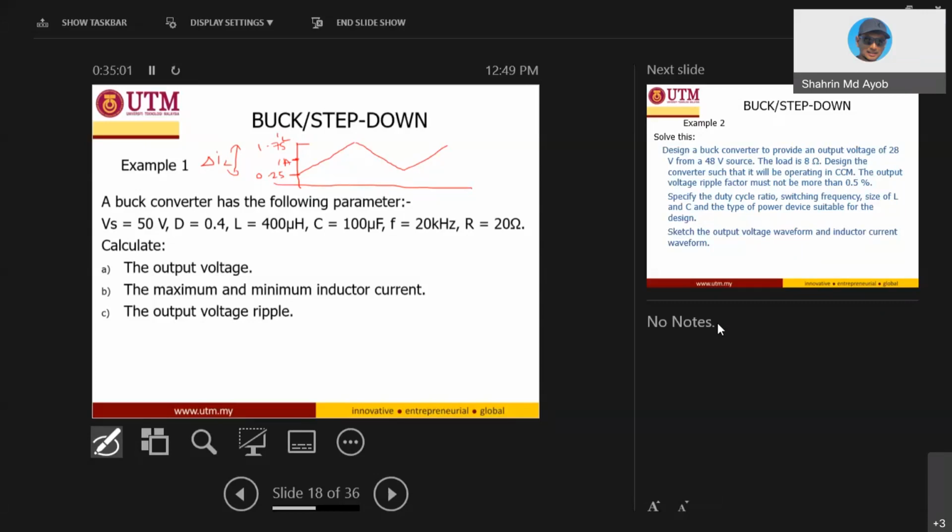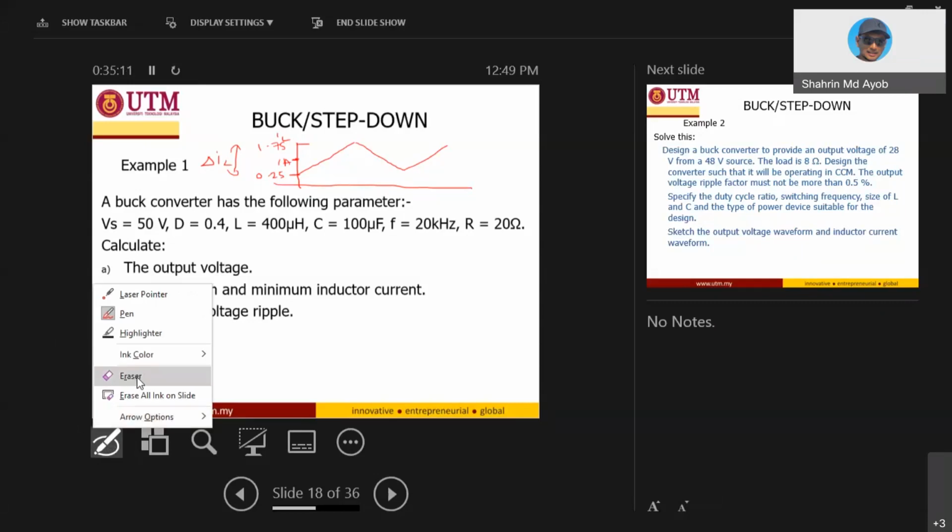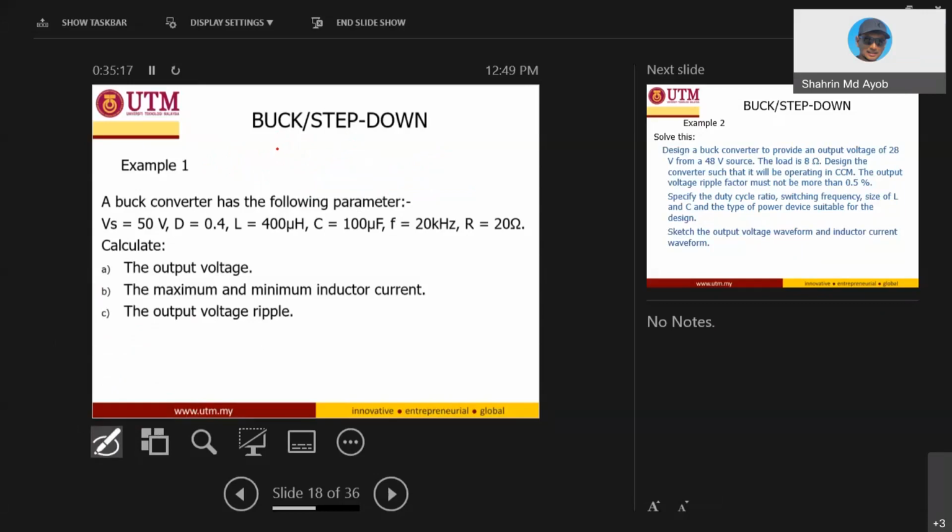Okay. Last one, the output voltage ripple. I think next class we go for example 2. Last one, the output voltage ripple. So for the output voltage ripple, you need to know that the charge inside the capacitor is always related to the capacitance value multiplied with the voltage across the capacitor.